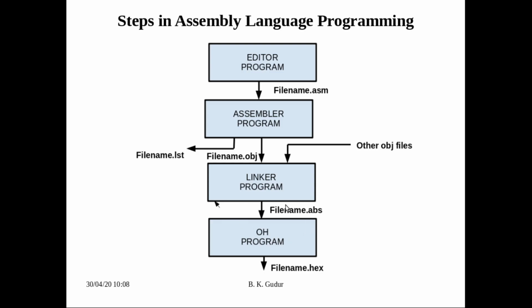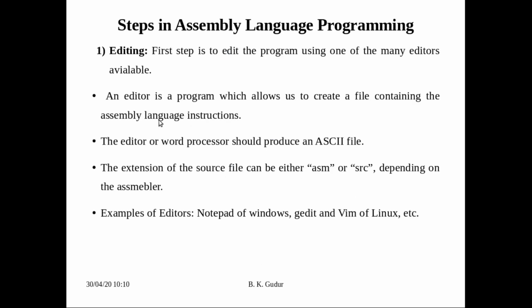The absolute file will be given to an OH program, called the object to hex converter program, and it is going to produce the hex file. This hex file we are going to feed to the microcontroller device. So these steps we are going to discuss in detail.